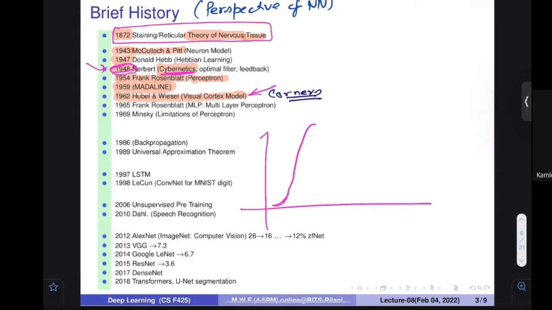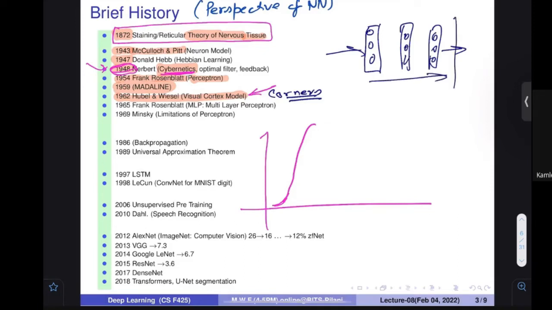They said I am going to put perceptrons in one layer, then perceptrons in another layer, and then combine them, and by this I can create a neural network kind of architecture, and then I can make a bigger system.